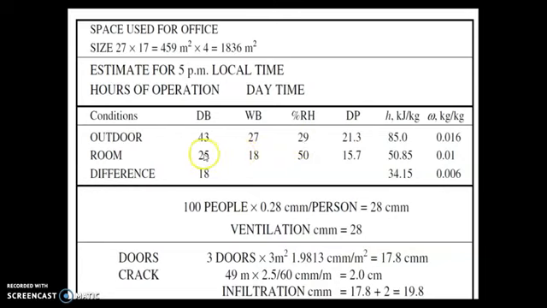And the indoor desired conditions are 25 degrees Celsius dry bulb temperature, 18 degrees Celsius wet bulb temperature, 15 degrees Celsius, 50% relative humidity. The ventilation, next we give the volume of ventilation air 28 cubic meter per minute.